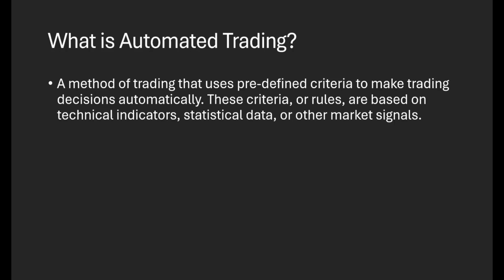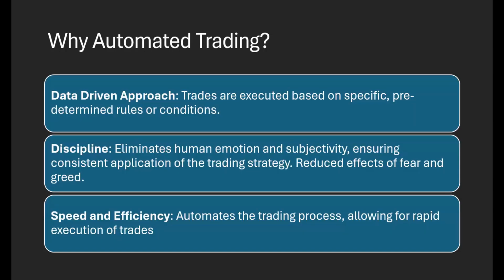We'll look into that. And why generally people go for automated trading is primarily for a data-driven approach. When we trade manually, there is room for errors. Sometimes we'll behave emotionally. Particularly if you look into the last week, there has been a crazy election price action, a huge upside followed by a huge downside.